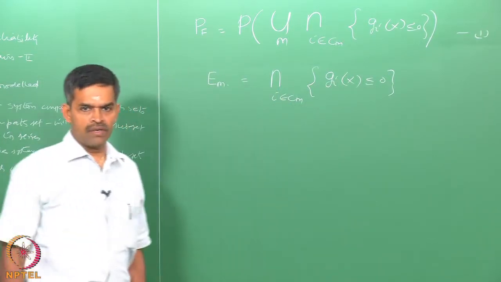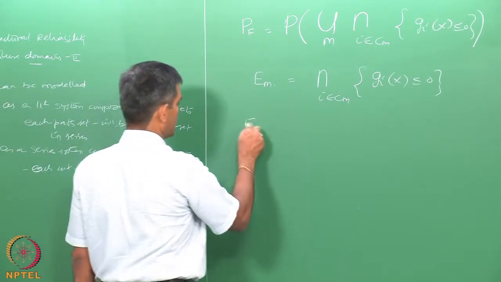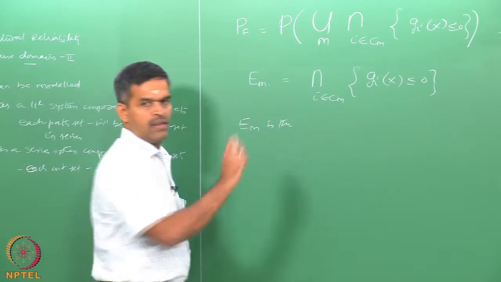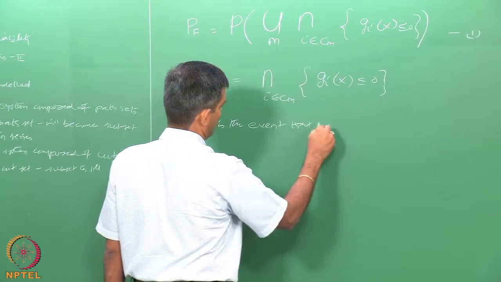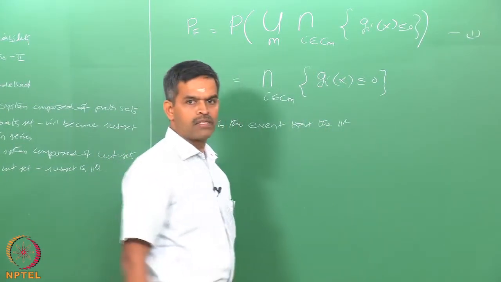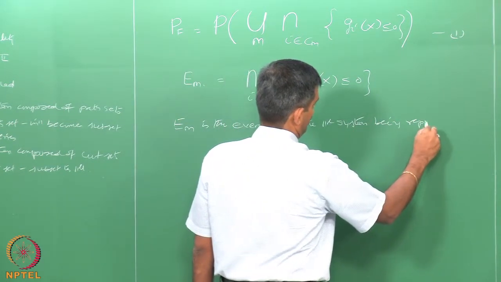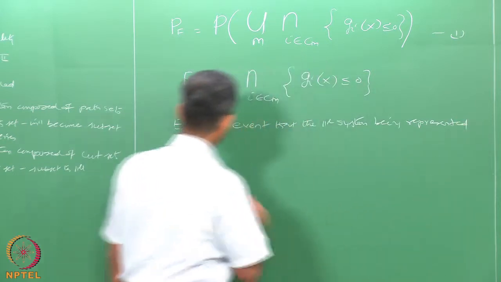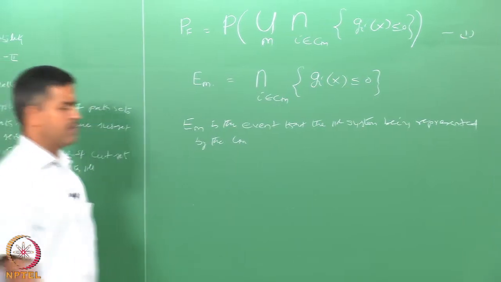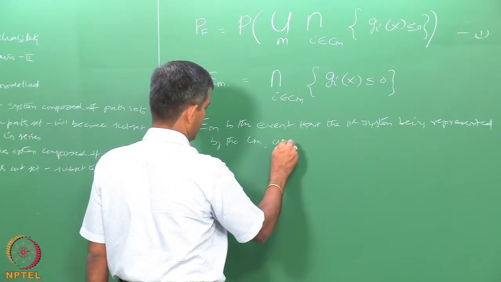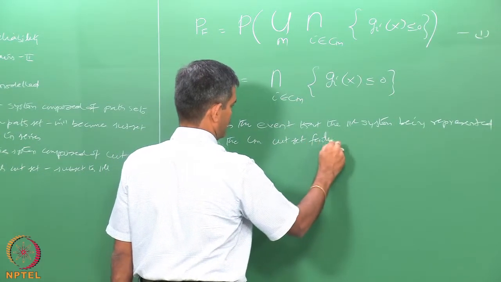So, Em is the event that the parallel subsystem represented by cut set Cm fails, or cut set failure.